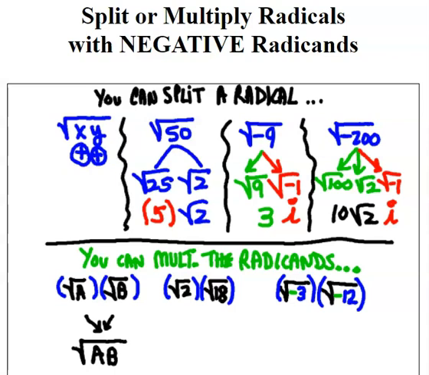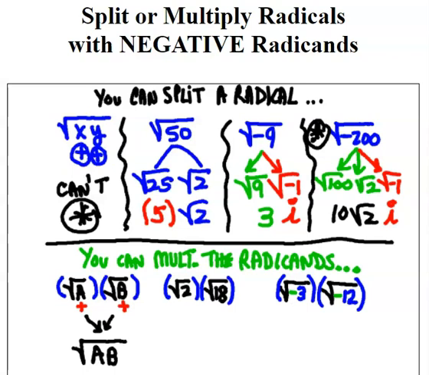So here we have examples of when we can and when we cannot split a radical. And this first one we can't be sure because we're not sure that they're both positive numbers. If we knew one of them was negative and one positive, we could try to use this last style over here, but we can't be sure in this particular problem. Now, multiplying two radicals, radical A times radical B, I think the assumption is that if radical A and radical B actually exist, that they're going to be positive numbers.